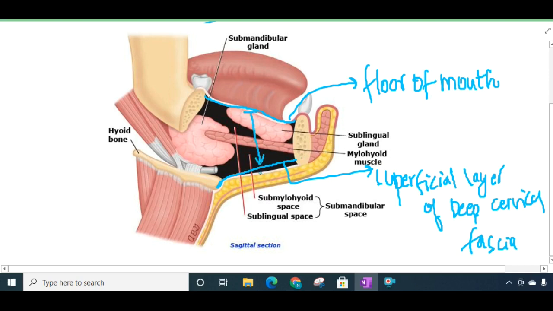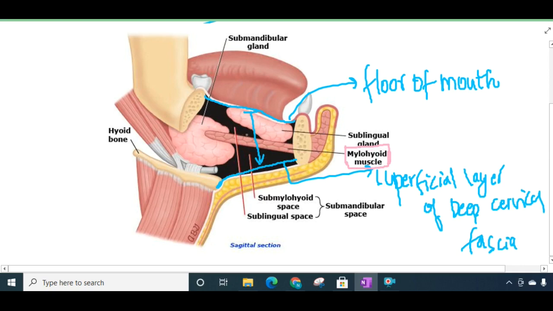the submandibular space. This submandibular space is divided into two compartments by a muscle called the mylohyoid muscle. This is an important muscle, the mylohyoid muscle, which divides the submandibular space into two compartments. This is the first compartment, this is the second compartment.